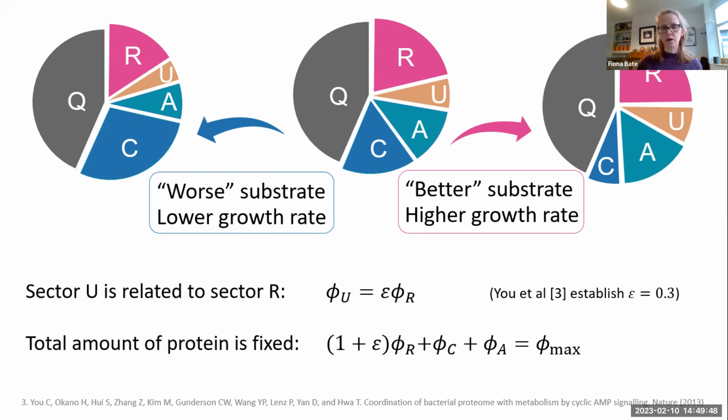So if you increase the number of ribosomes, say, then you're going to have to decrease the number of the catabolic enzymes. I think it's generalizable to microorganisms, although from the literature at the moment, most people have studied E. coli. Does that answer? Yeah.